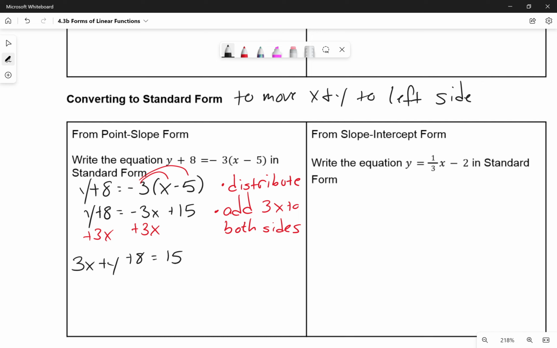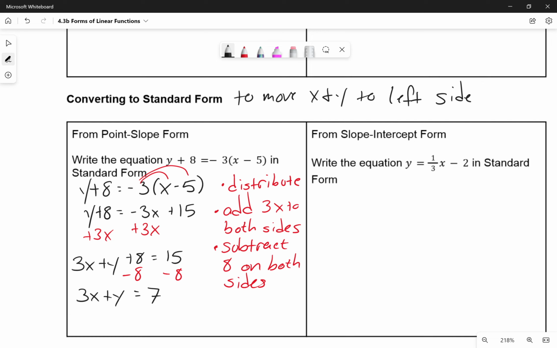So now we have x and y on the left side, but it has a friend, positive 8. We don't want any constants with our variable terms, so we need to subtract 8 on both sides. And when we do that, we are left with 3x plus y equals 7. And there we have it in standard form.